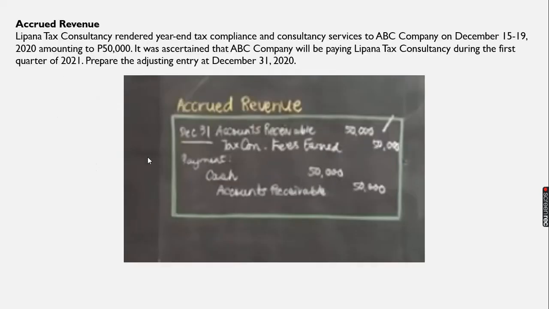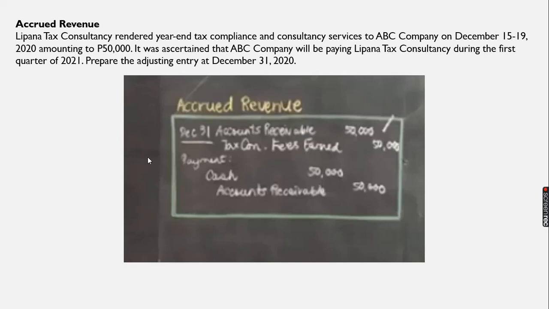Okay? So, let's take this example. Lipana Tax Consultancy rendered year-end tax compliance and consultancy services to ABC Company on December 15 to 19, 2020, amounting to 50,000. It was ascertained that ABC Company will be paying Lipana Tax Consultancy during the first quarter of 2021. Prepare the adjusting entry at December 31, 2020.